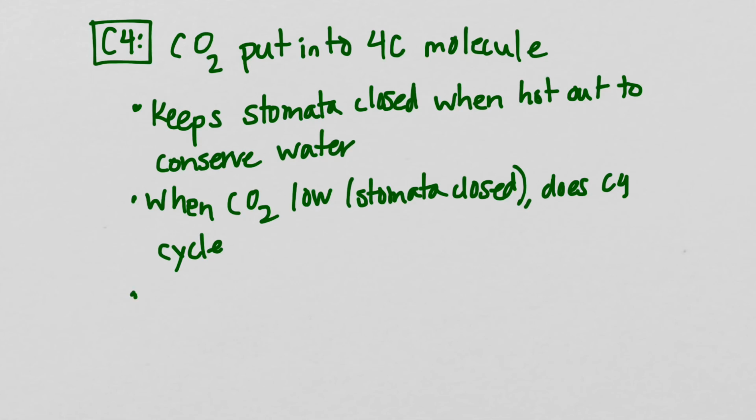Some examples of C4 plants are things like corn, and also things like sugarcane. And often when we've talked about C4 plants, we've also talked about things like cacti and aloe, and those are a type of C4 plants that we actually call CAM plants.